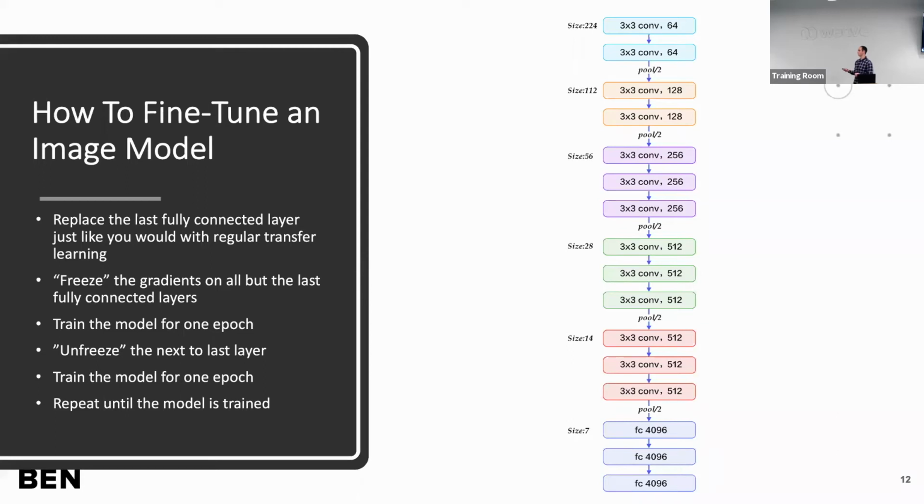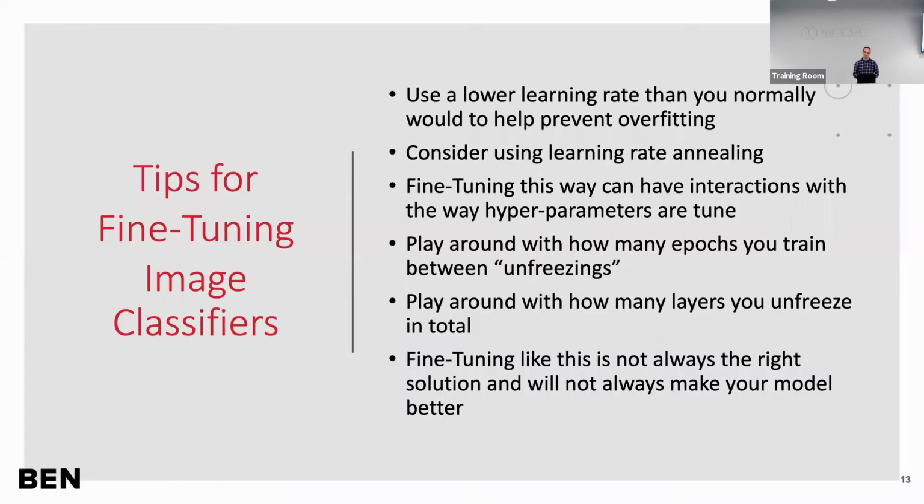You might only want to unfreeze the red layers or the green layers. But that's something also to consider when fine-tuning to specific data sets. And then lastly, just my little disclaimer, this doesn't always work. The more data you have, the better it's going to work. Certain data sets maybe are just similar enough to ImageNet that it's not going to help that much.